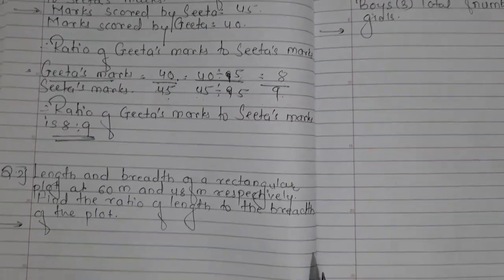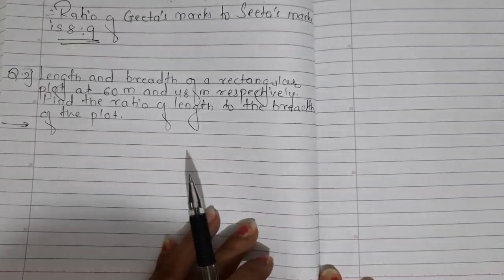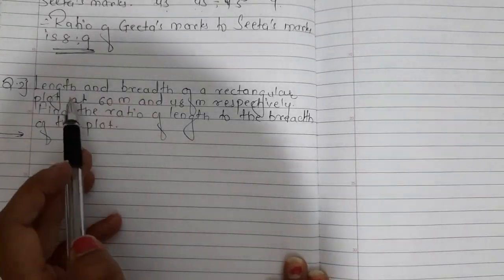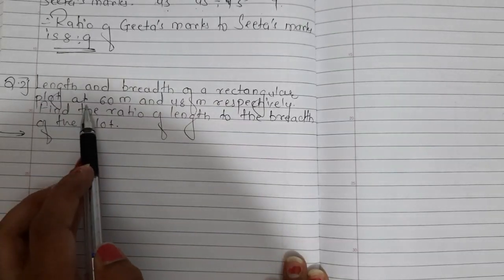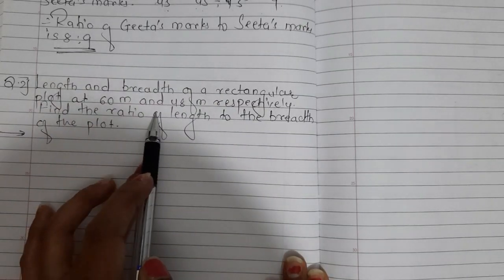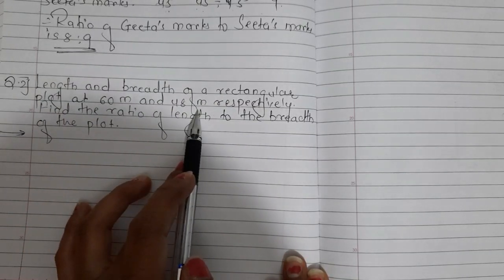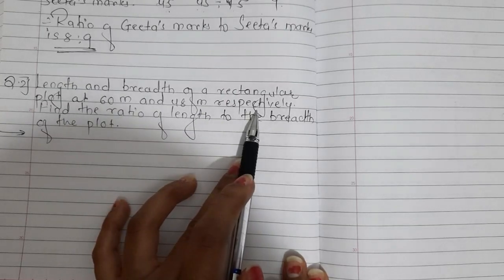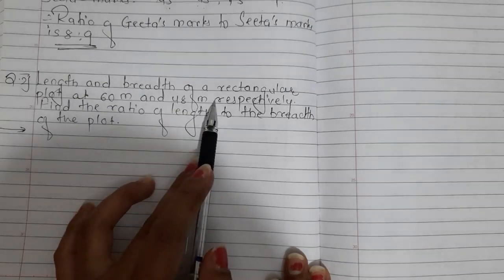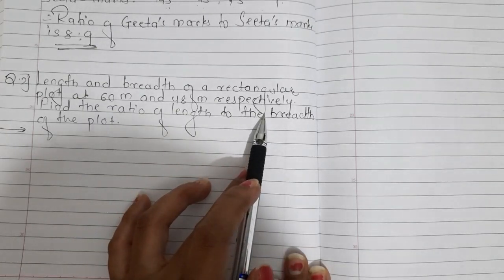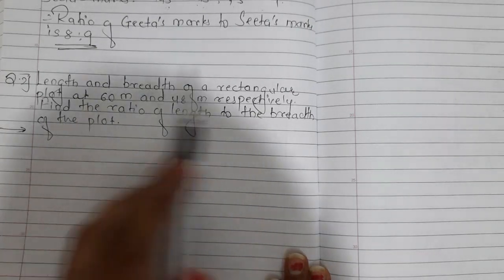Now next, the length and breadth of a rectangular plot are 60 and 48 meters respectively. Find the ratio of length to the breadth of the plot.